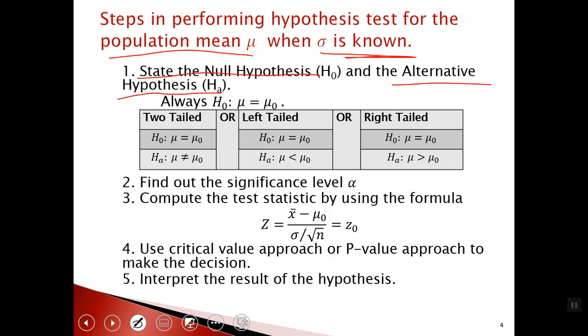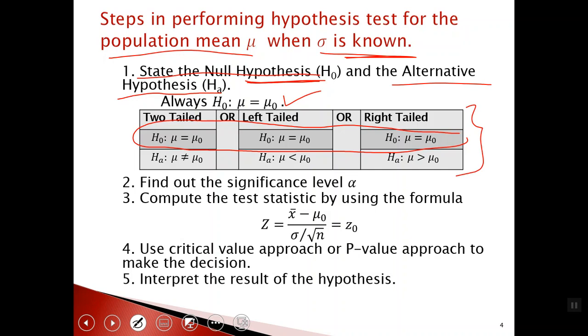The null hypothesis we denote by H naught, something like mu equals mu naught. In your case your null hypothesis is always mu equals mu naught. In this course it may be two-tail, left tail or right tail, only these three.